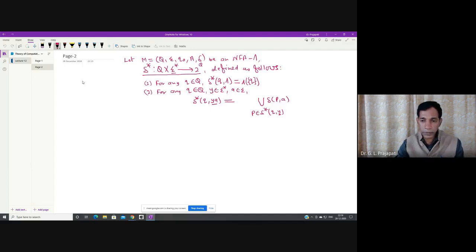But since this is the NFA-null, after computing this set you also have to see the effect of the null transition, and hence you have to compute the null closure.